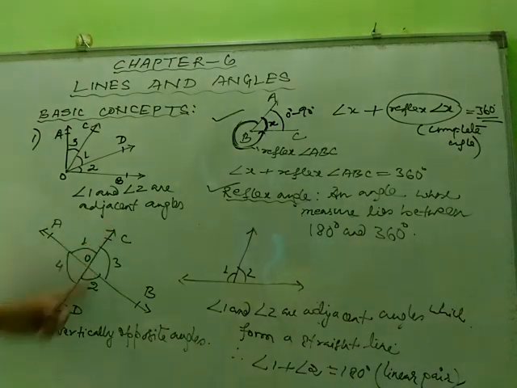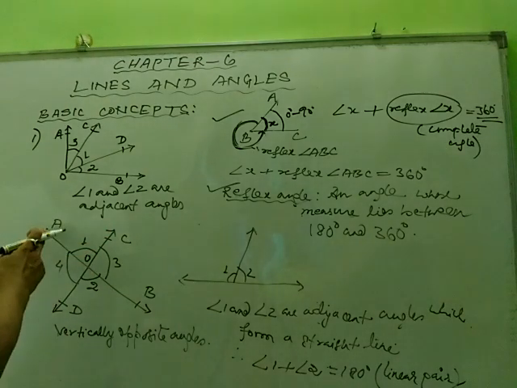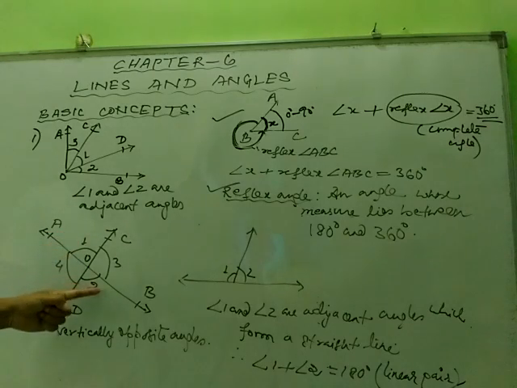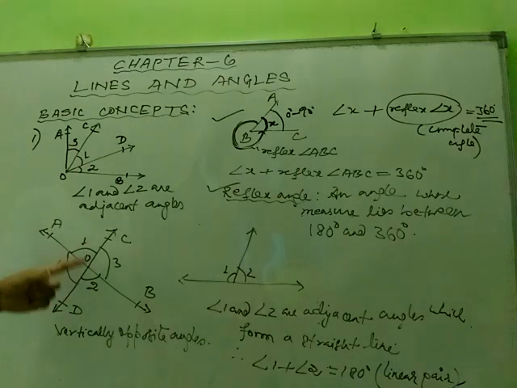Now coming to the next one, here are the two lines AB and CD. AB and CD meet at point O. So you have got pairs of opposite angles. By joining these two lines at point O, you have got two pairs of opposite angles. 1 and 2 are one pair of opposite angles, and 3 and 4 form the second pair of opposite angles.